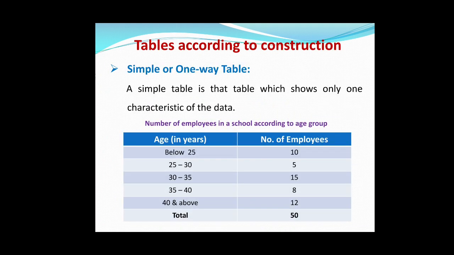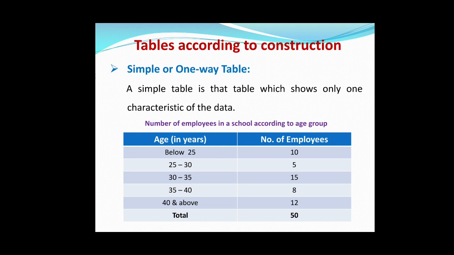Now, coming to another classification of tables, that is the classification of tables according to construction. Dear students, according to construction, there are two important types of tables. One is simple or one-way table and second one is complex or manifold table.